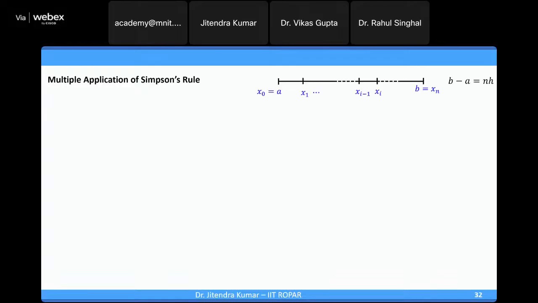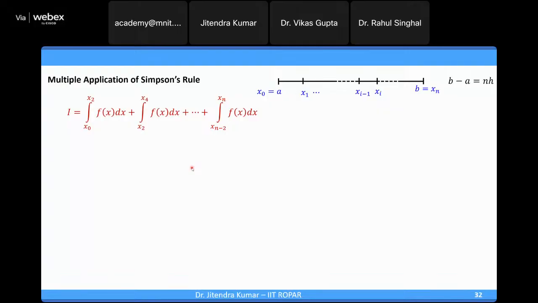Now in this case, we have divided into several intervals. You need 3 points in one application: x0, x1, x2. Then x2, x3, x4, and so on. So you have to consider a block of these 3 points, which means 2 intervals.